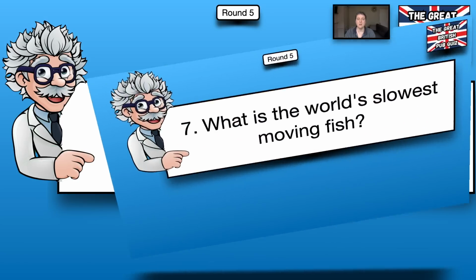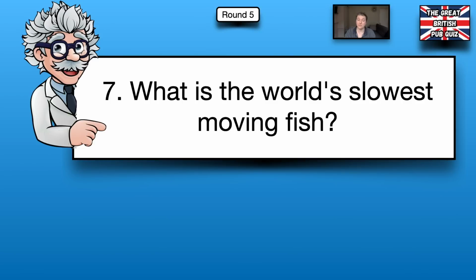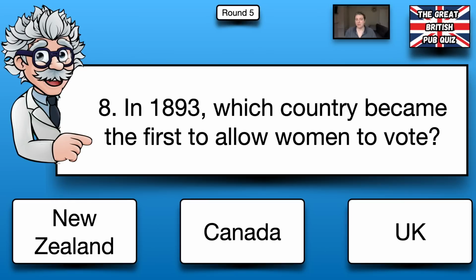Number 7. What is the world's slowest moving fish? Number 8. In 1893, which country became the first to allow women to vote? New Zealand, Canada or the UK?